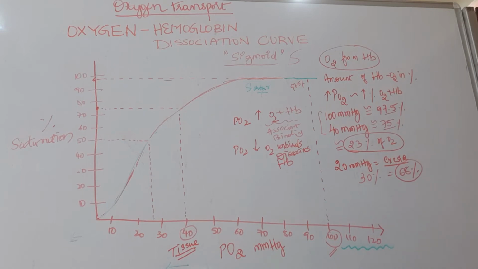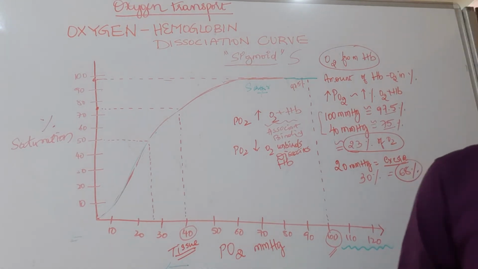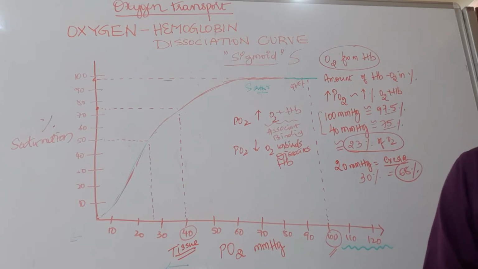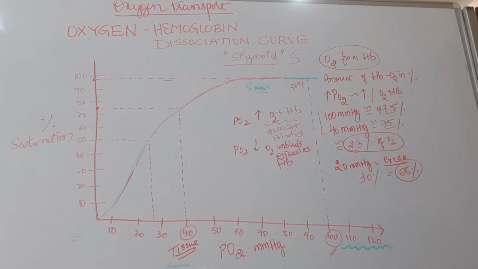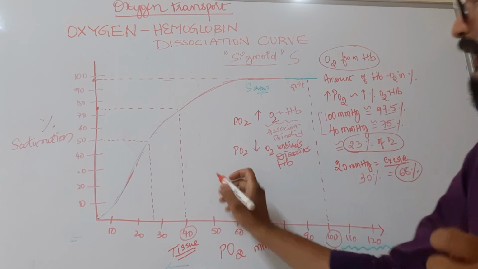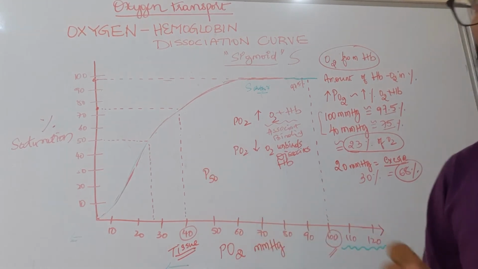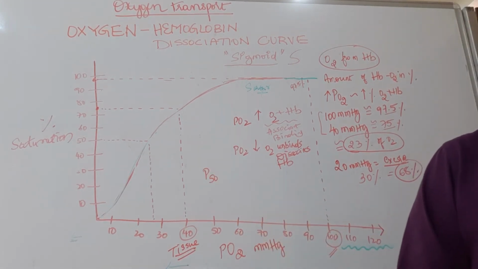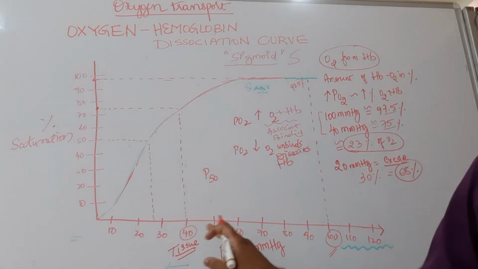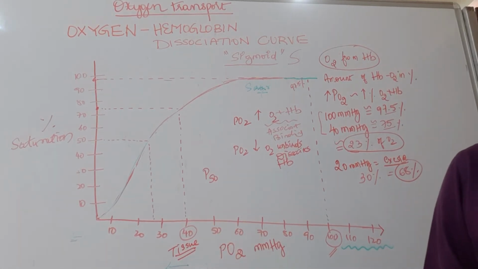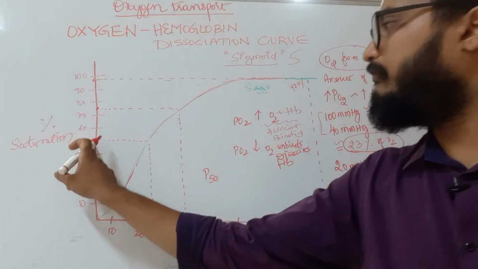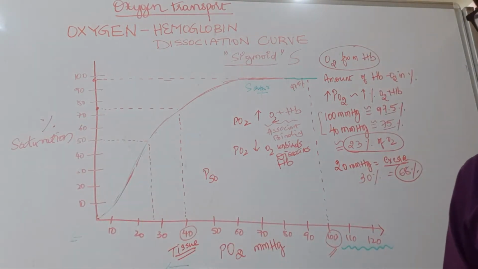So the concept to be remembered here is P50. What is P50? It is the partial pressure of the oxygen in blood at which the hemoglobin is 50% saturated.